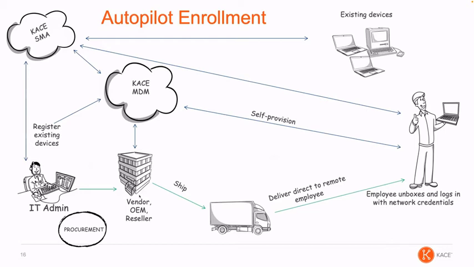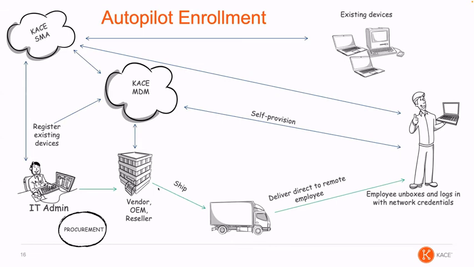Those devices are ordered at one of the big vendors, at Dell, HP, Lenovo, and you can order them directly with an Autopilot registration, meaning those devices are directly registered within your Azure tenant for Autopilot.